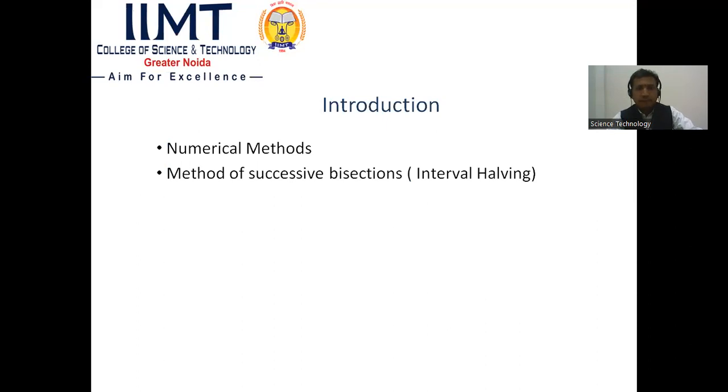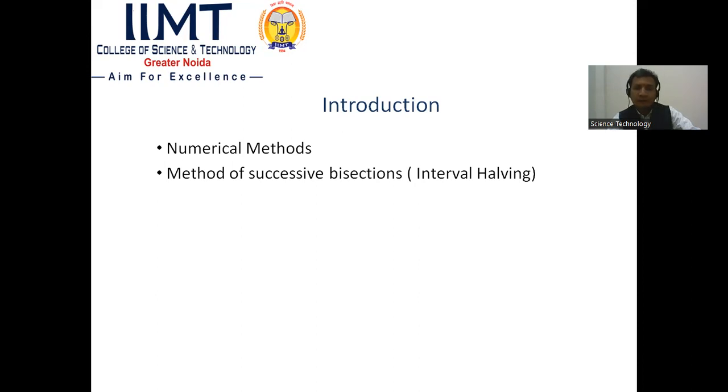Introduction. As we are using digital computers widely, so we need numerical methods to solve various problems. For this session, I am taking bisection method for discussion.